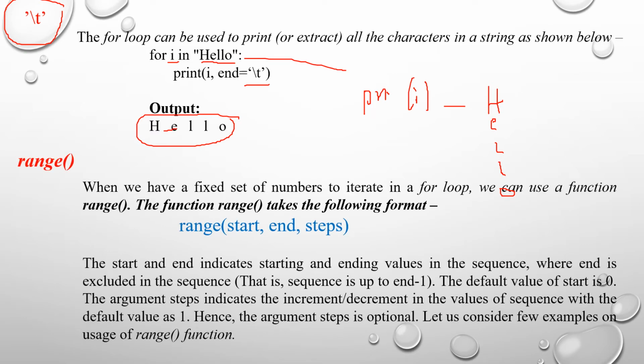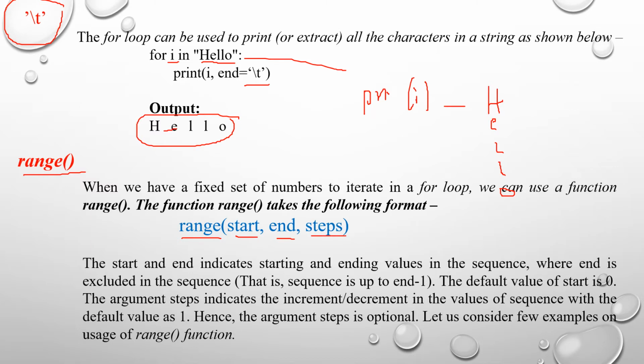Now we will move on to the range function. When we have a fixed set of numbers to iterate in a for loop, we can use the function range. The function range takes the following format. Within the parentheses we have to declare the start, end and step.